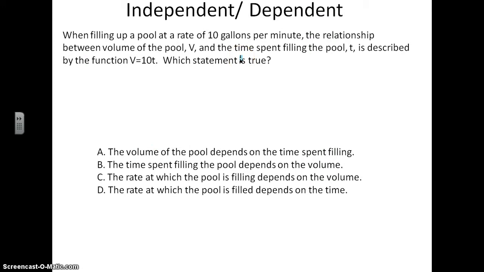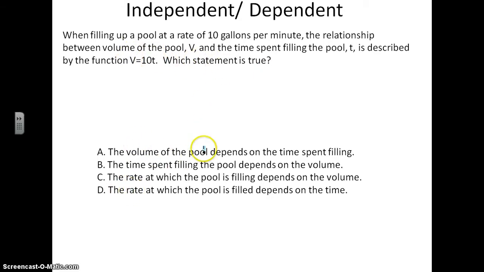Our example says, when filling up a pool at a rate of 10 gallons per minute, the relationship between volume of the pool, V, and the time spent filling the pool, T, is described by the function V equals 10T. Which statement is true? So we want to look to see which statement is true.